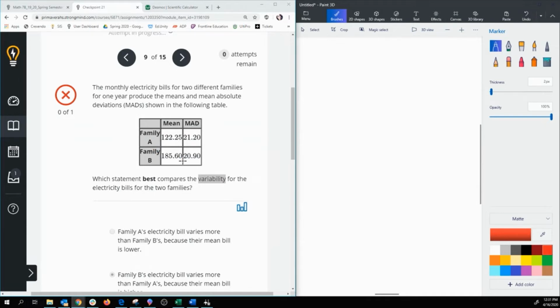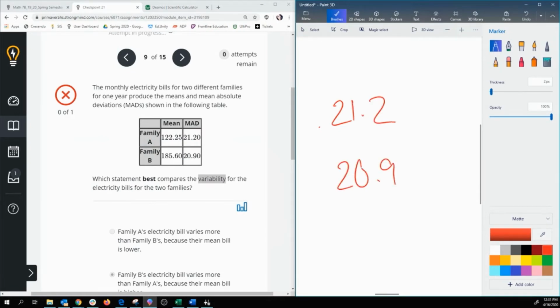So do we think that those are pretty close together or pretty far apart? What do we think? Looking at those two mean absolute deviations, are they pretty close together or pretty far apart?